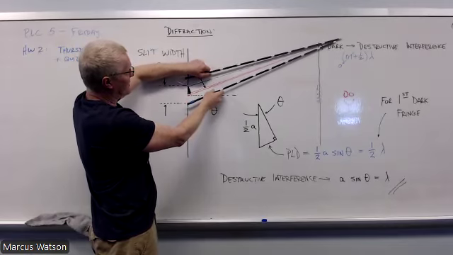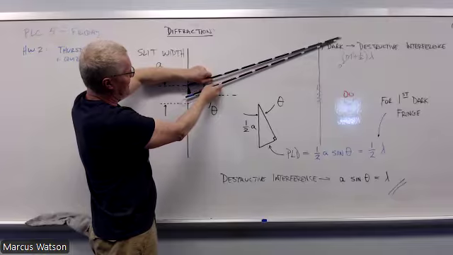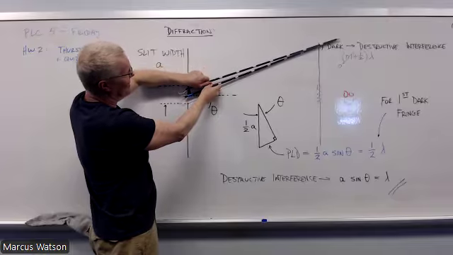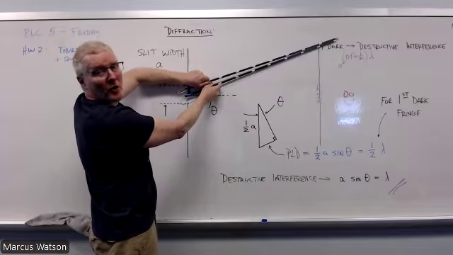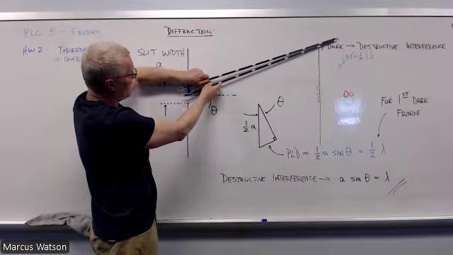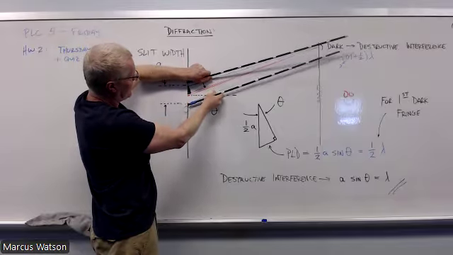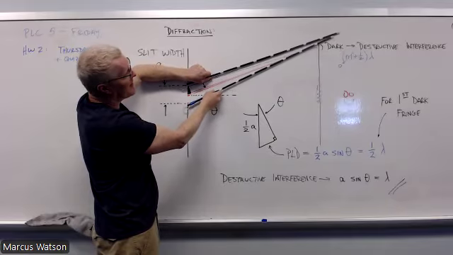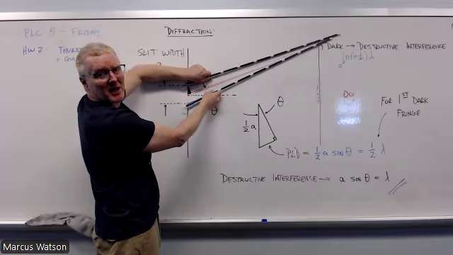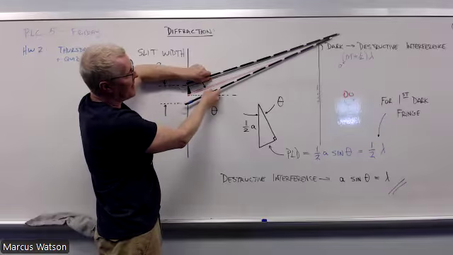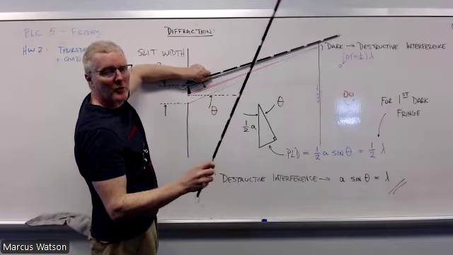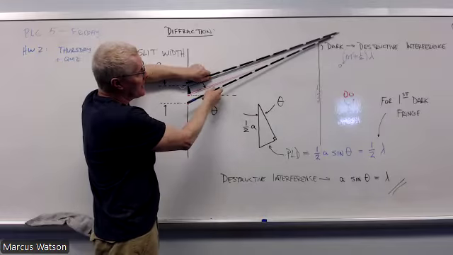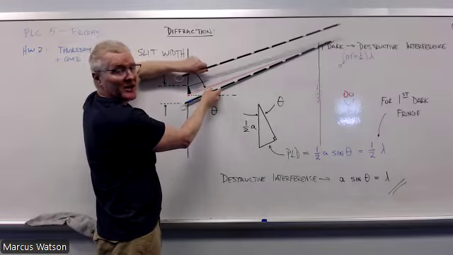Then when I start considering ones that are in here, in here, in here, look what happens. I get almost constructive interference. When I separate them out back here to the edges of the slit, look how it's matching up. It's destructive. I've got the peaks here lining up with the troughs here.